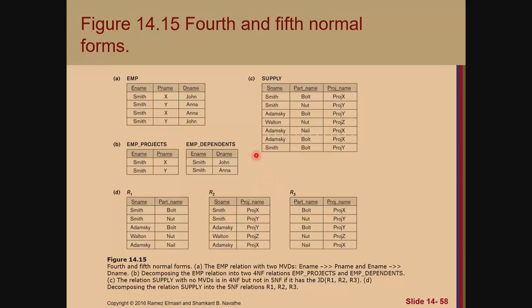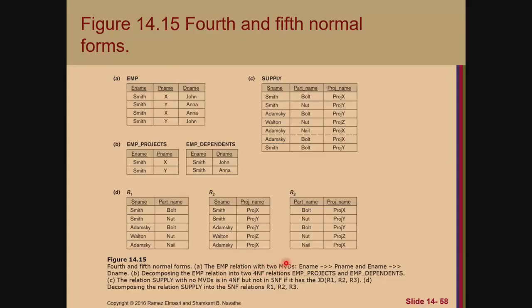Fourth and fifth normal form. Okay, this is an example here. A is the employee, right? Employee, E name, P name, project name, and D name. Actually, as you can see, Smith worked in several departments.